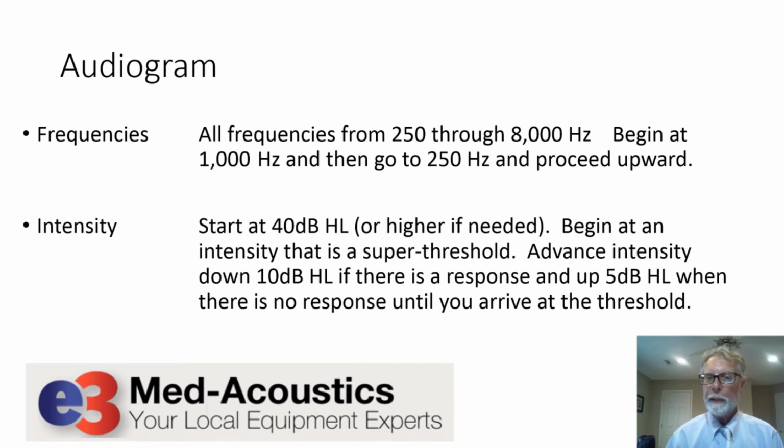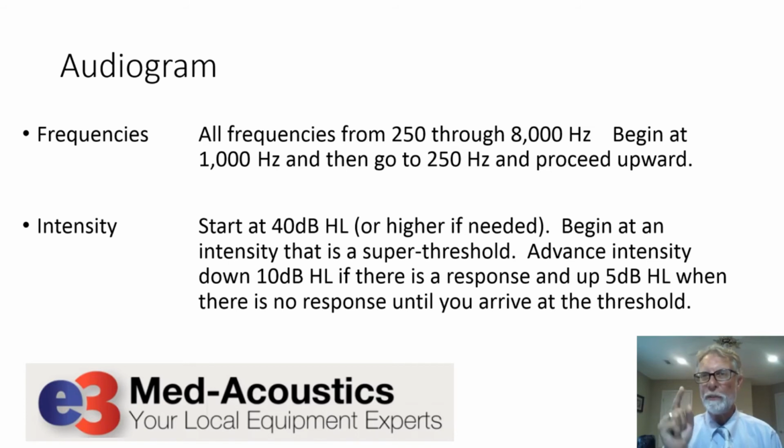Now, once you have no response, you go up by 5. So you're down by 10 when there is a response, and when there's no response, let's say the last response you got was at 20. You went to 10, there was no response. Now you would go up to 15, right? And if there was a response at 15, then that would be the assumed threshold.